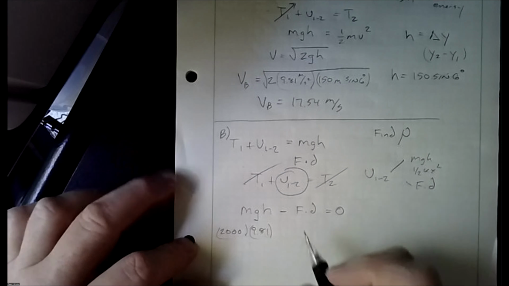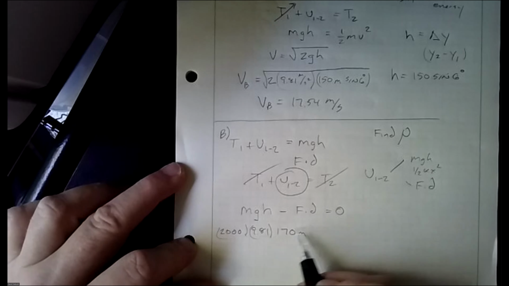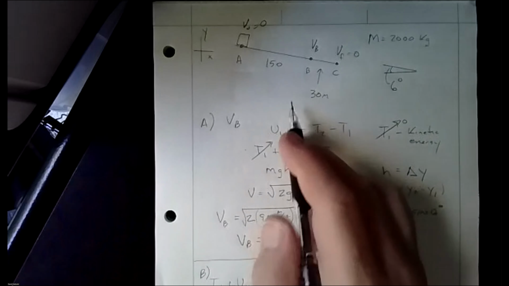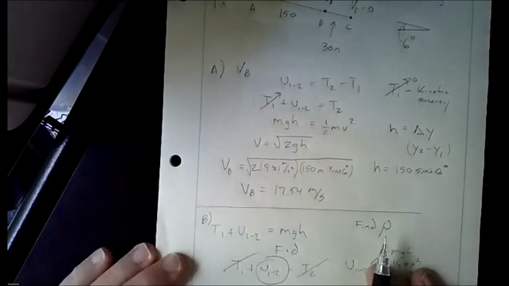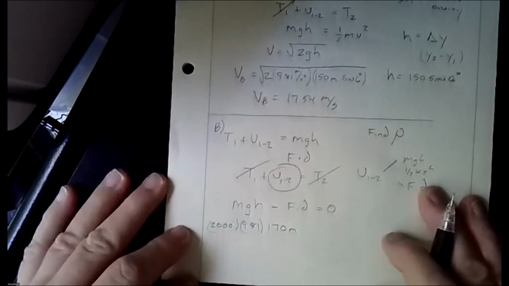And then our height is a total distance of 170 meters, right? 30 plus 150. So 150 and 30. So 170. That's 20 meters. I apologize. That's not 30. Silly me. Yeah, it's 20 meters. I thought that looked strange.